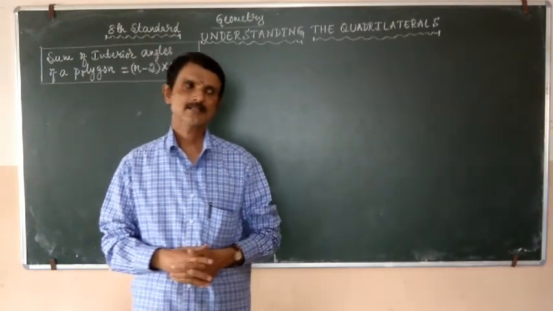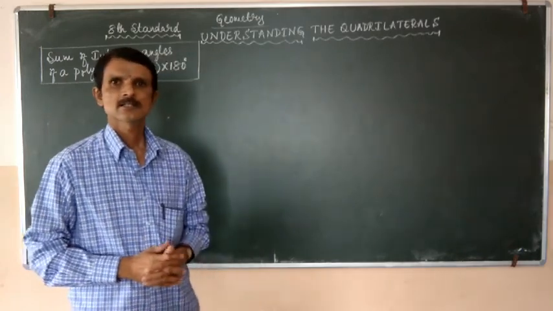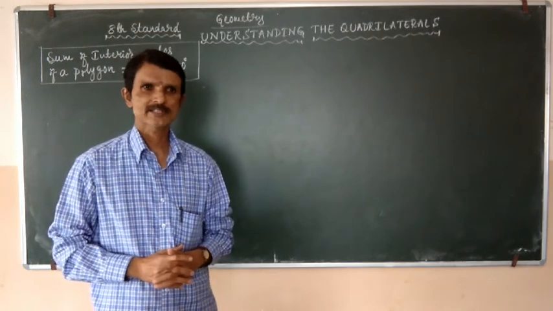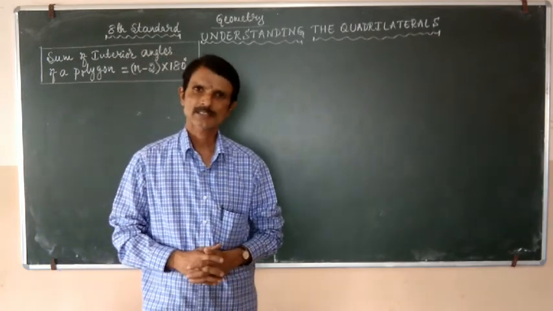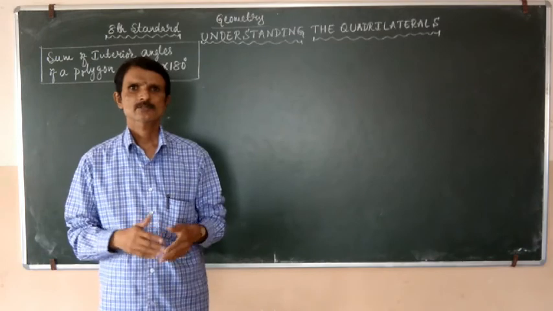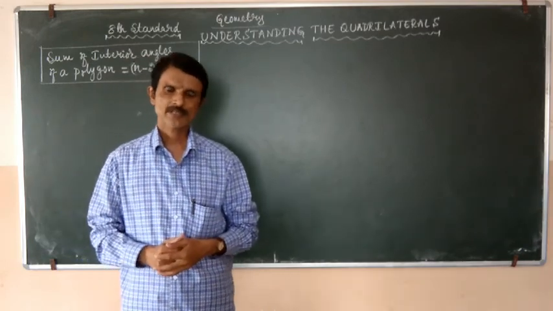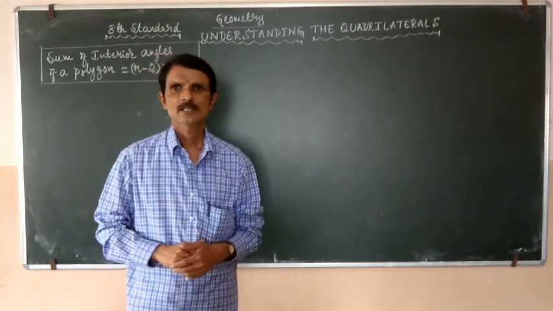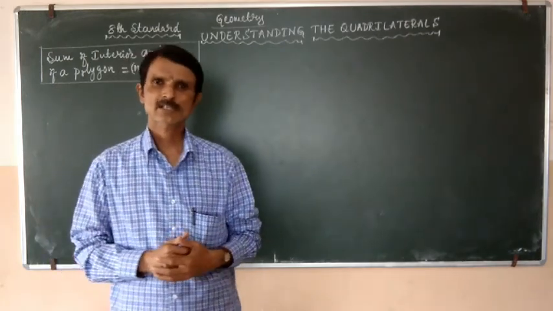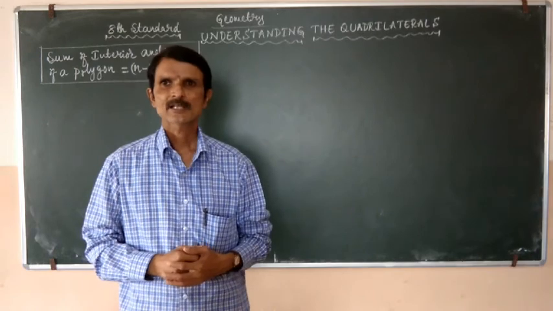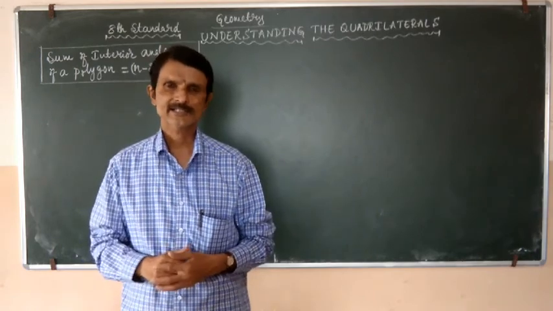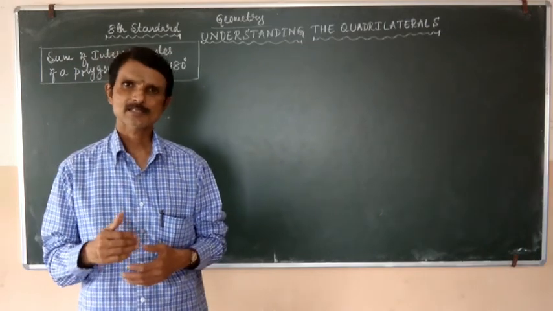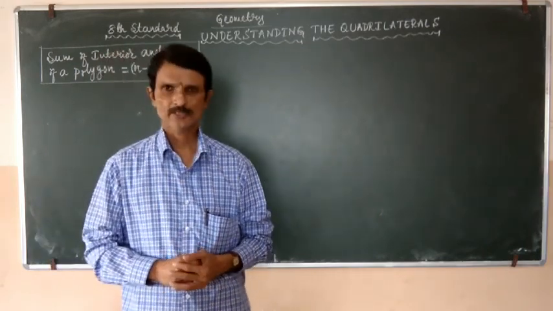Today we shall see the 8th standard geometry chapter, the continued part of the geometry, understanding the quadrilaterals. So, students, in the previous class we have seen what is a polygon, what are convex and concave polygons, regular and irregular polygons, and the angle sum property of the polygons.